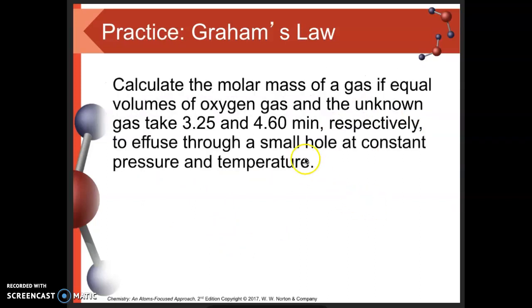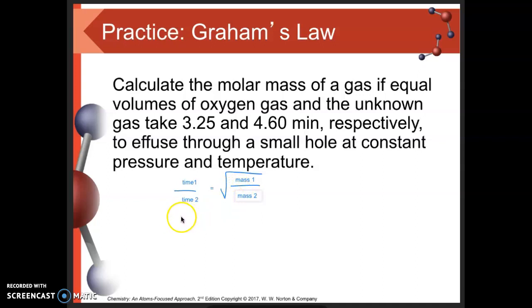For the other type of example, we look at what is the molar mass of an unknown, if we have equal volumes of oxygen and the unknown, and they take this long to effuse through a small hole. For that, we're going to need Graham's law. Graham's law says time 1 over time 2 is equal to the square root of mass 1 over mass 2.